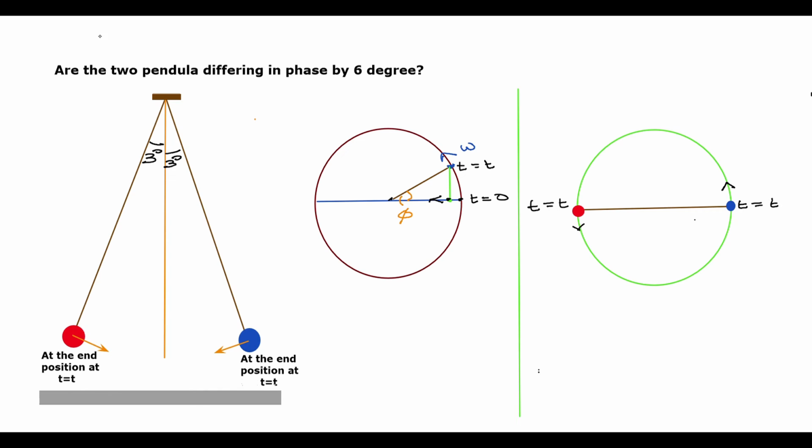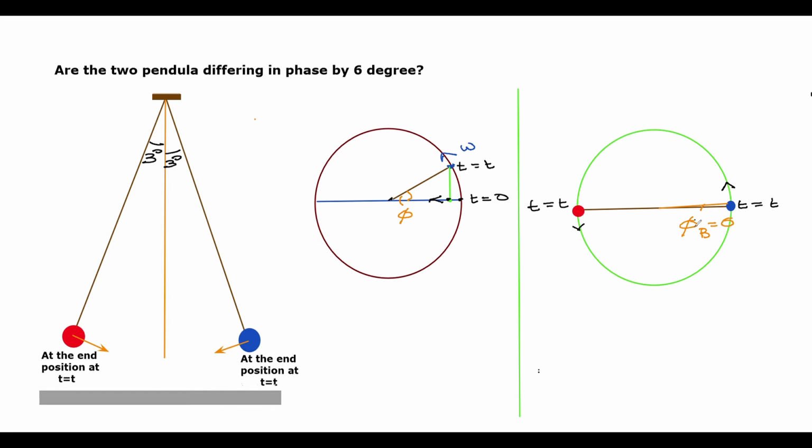So what is the phase of the blue bob at the instant t? The phase of the blue bob at the instant t is given by this angle, and we can see here that its value is 0. So phi b, b stands for blue, is equal to 0 because this angle is 0.